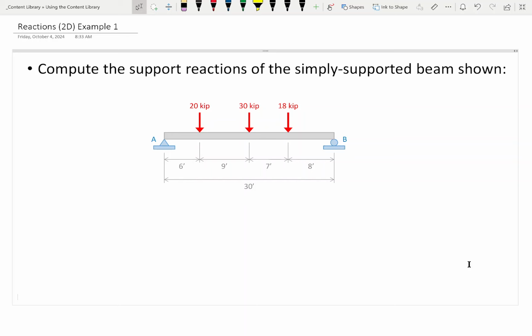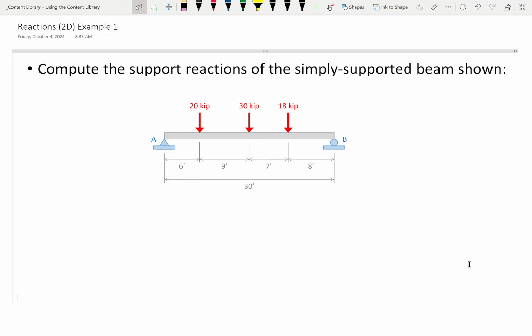So one of the things that you have to do when you're doing these types of problems is identify your unknowns, but you also kind of have to make some assumptions. Okay, so let me kind of explain what I mean. I have a bunch of forces acting downward. So to keep the system in equilibrium, which direction do you think my unknown vertical reactions are going to act? Upwards, right?